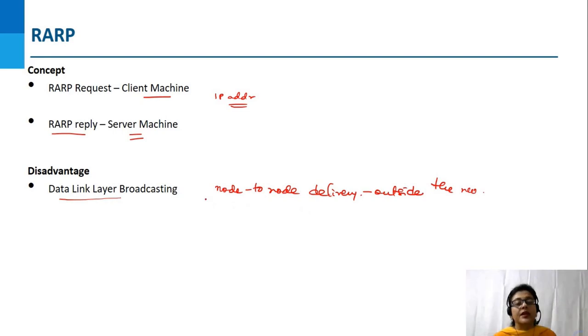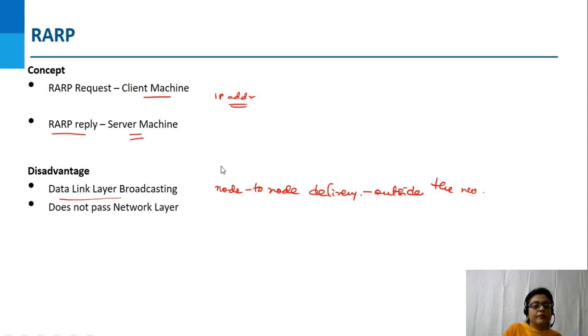That means when there is a possibility of internetworking, this data link layer broadcasting is not possible or it is not useful. Since it does not pass through the network layer, RARP messages have this disadvantage that they cannot be used for internetworking.